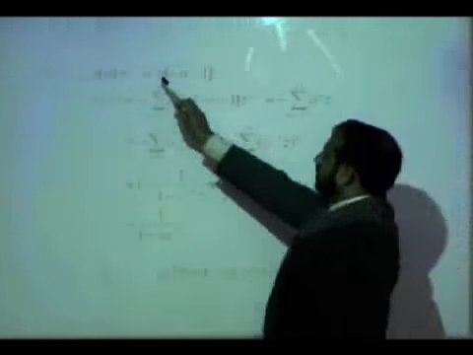So this is the Z transform of minus a^n u[-n-1]; sorry, there is no negative sign here.